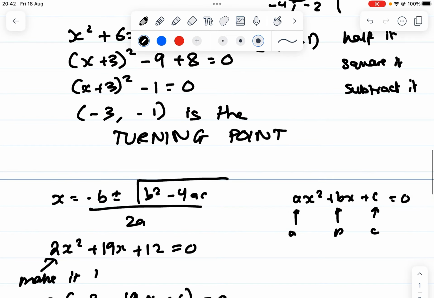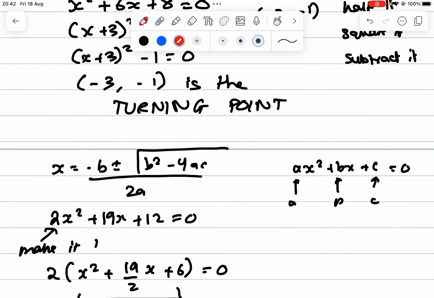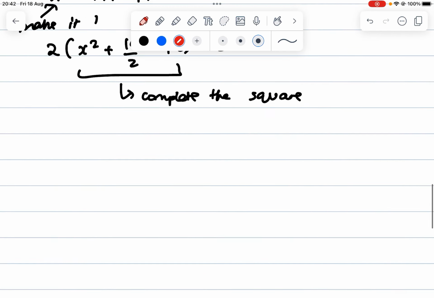One thing for the formula we're going to look at is this b squared minus 4ac. What does b squared minus 4ac tell you? This is called the discriminant.